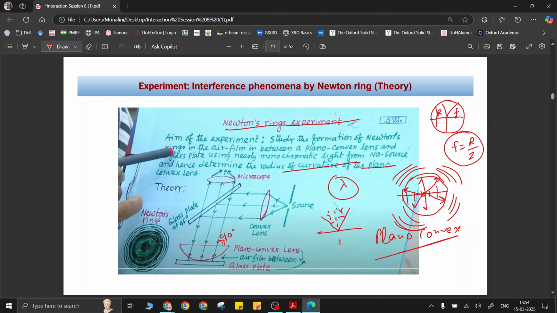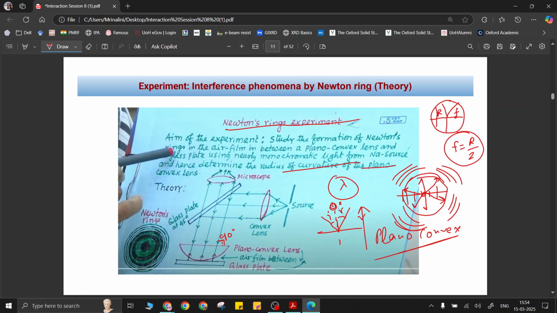So if the light is normal to the surface, the angle of incidence is 0 degrees, then the angle of reflection will also be 0 degrees. That means the incident light is coming in this path, and the reflected light will also travel back along the same path.